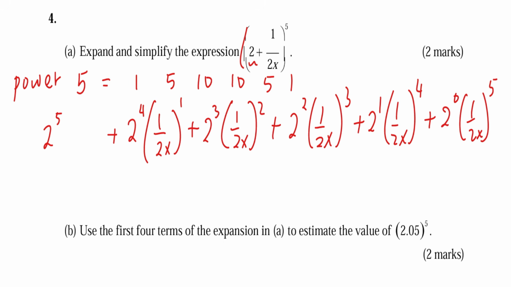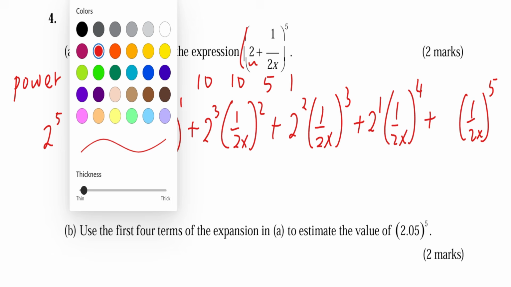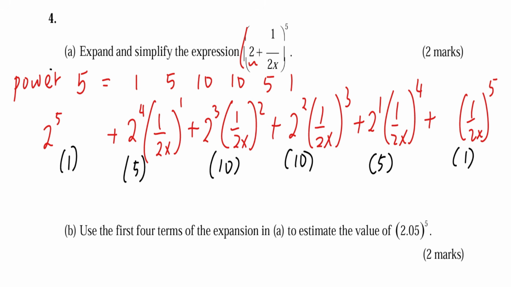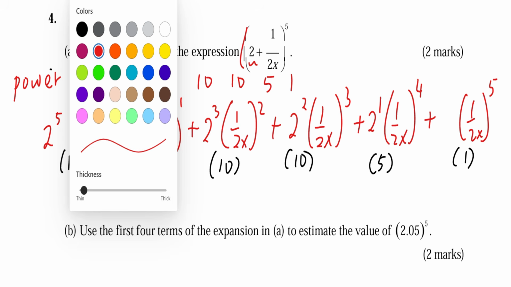Now we can insert the coefficients: multiply by 1 here, by 5, by 10, by 10 again, by 5, then by 1. Then you continue from there.